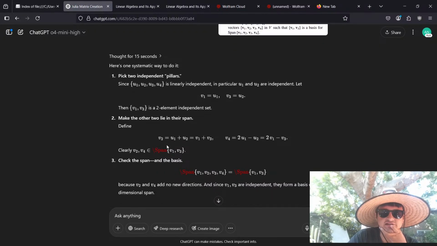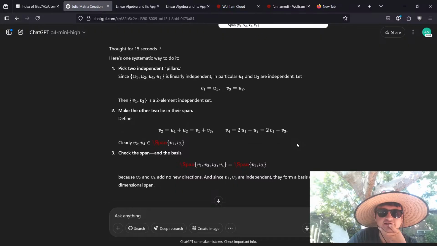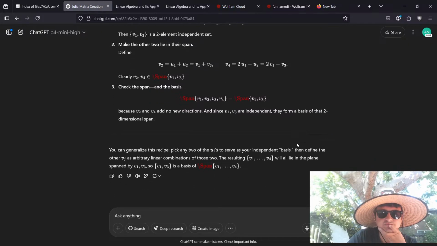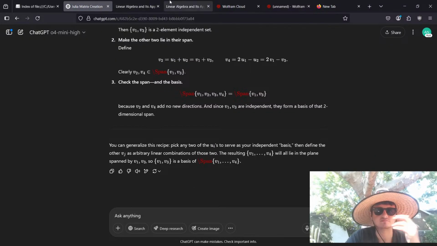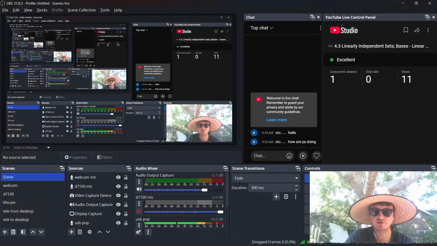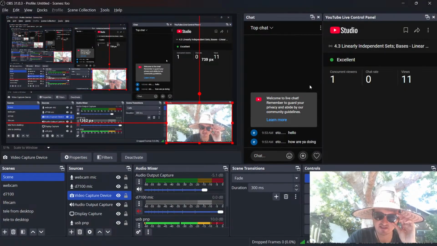Nice. Yeah, exactly. And then you just do plus and minus or something random. All right, that was easy. Okay, so that wraps up section 4.3, linearly independent sets and bases.